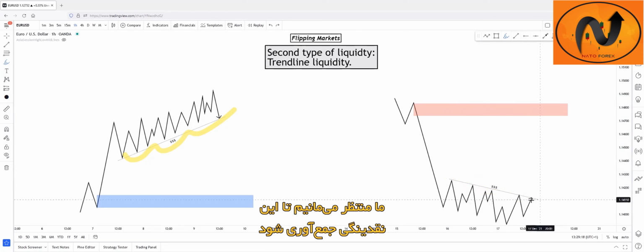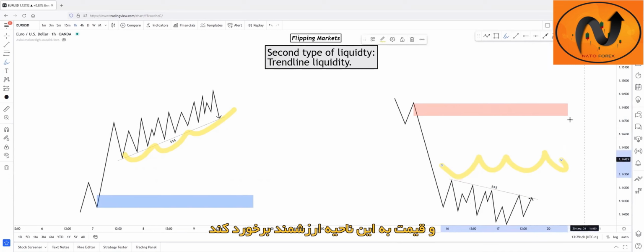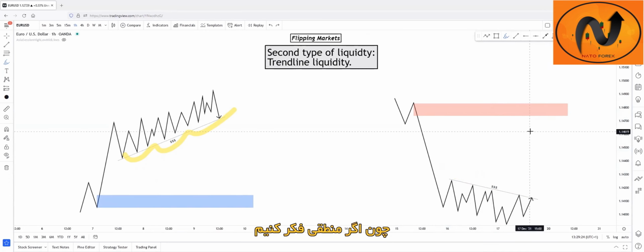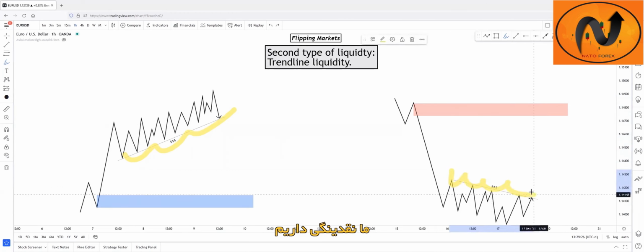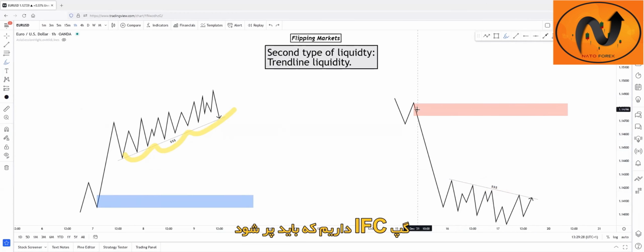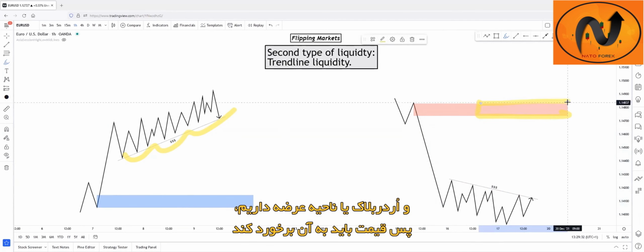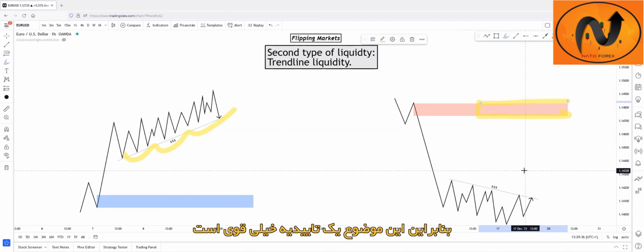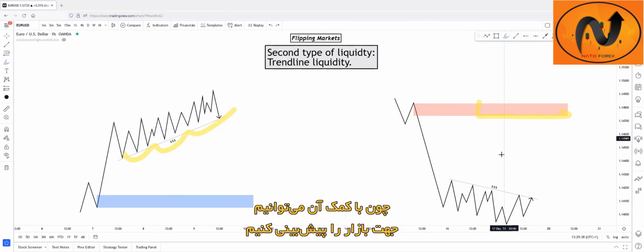We will want to wait for the sweep of this liquidity and tap of this valuable zone, because just think about it logically. We have liquidity, it has to be swept. We have inefficiency, it has to be filled. We have an order block or supply zone, it has to be tapped. So this is a really strong confirmation, because we basically can predict the direction of the market.